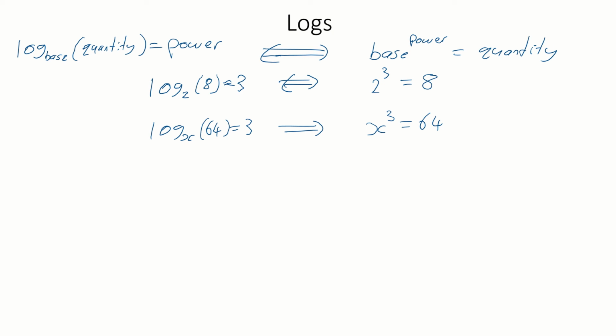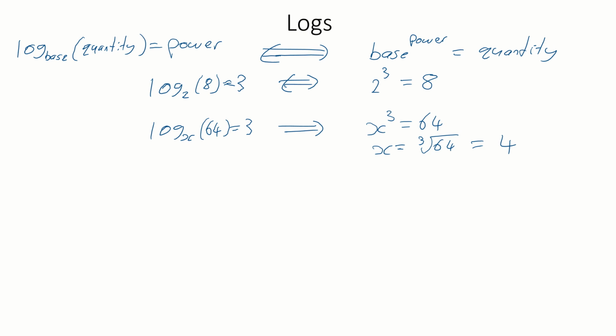So we can cube root both sides. x equals the cube root of 64. Therefore x equals 4. Cool. So in other words, 4 cubed equals 64. Okay, so there it was useful to convert it to exponent form.